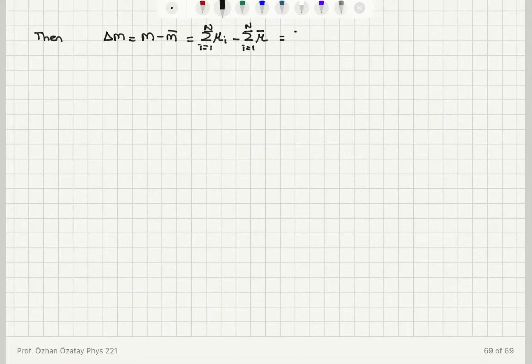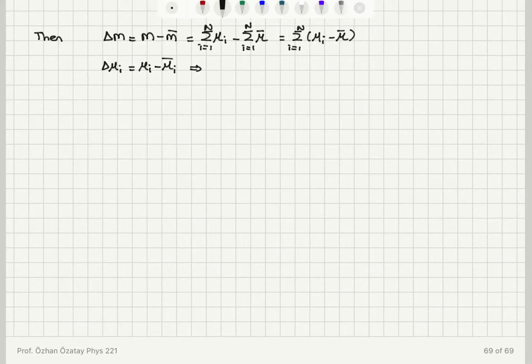So this is simply the summation from I equals 1 to n of mu sub I minus mu bar. So this is basically just the deviation for the ith spin, the magnetic moment of the ith spin deviation from the mean value is mu I minus mu I bar.